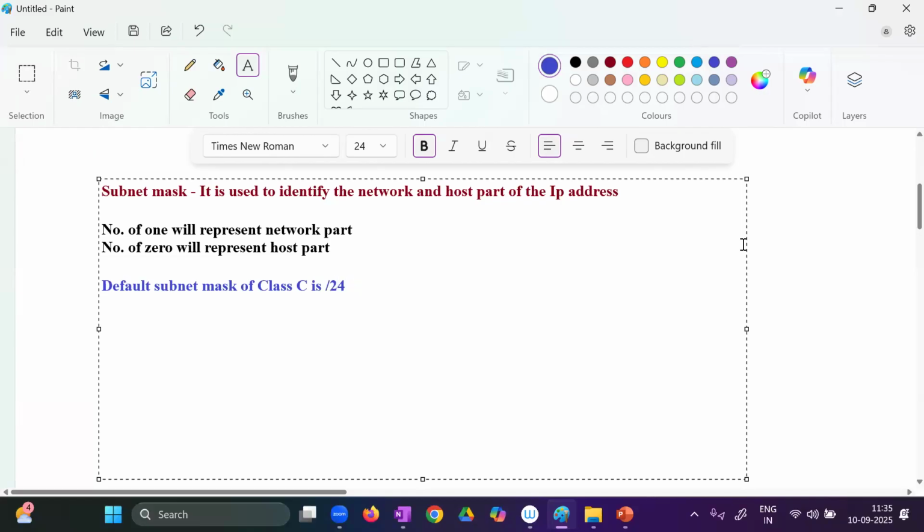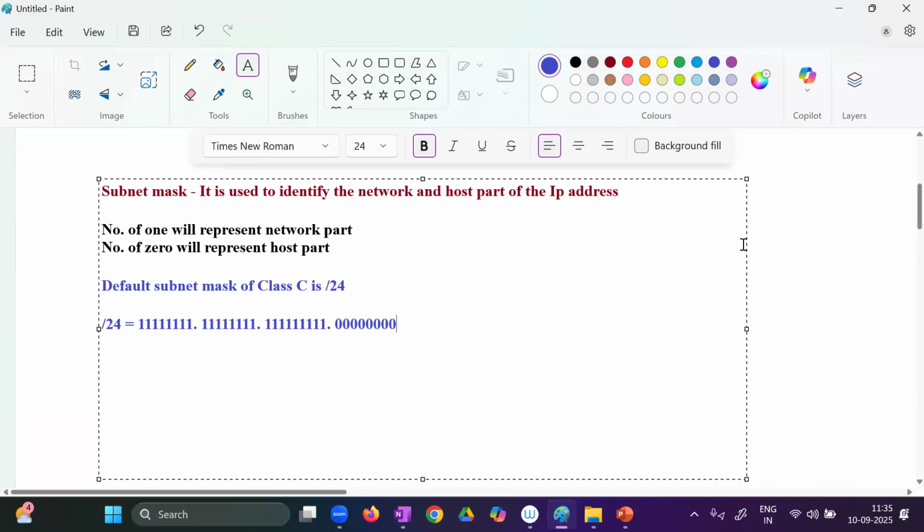How will you write this 24? Slash 24 means 24 ones, which will be written as eight ones, eight ones, eight ones, and the rest eight zeros. Why?